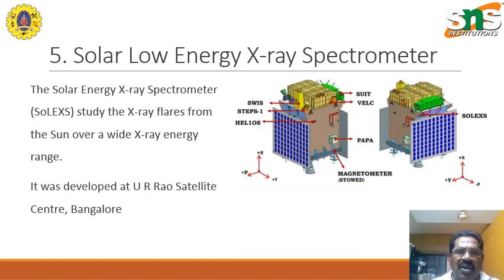The Solar Low Energy X-ray Spectrometer studies the X-ray flares from the sun over a wide X-ray energy range. It was developed at the U R Satellite Centre, Bangalore. We see it here as SOLEXS.